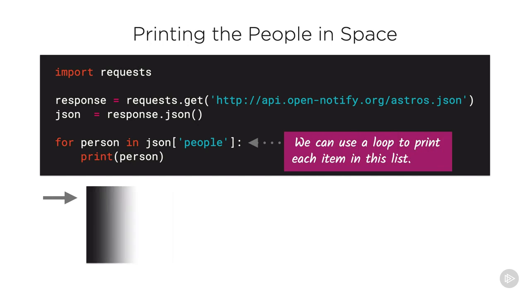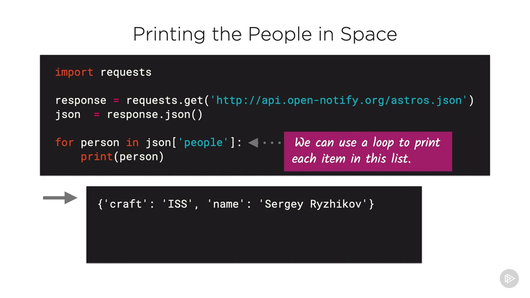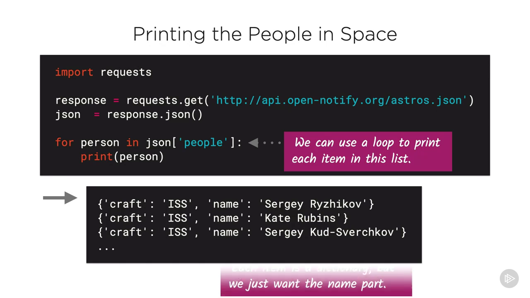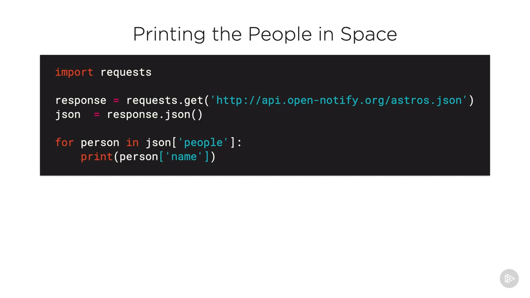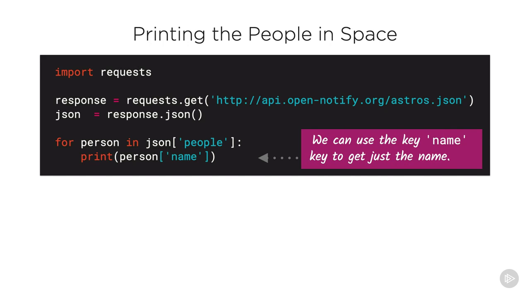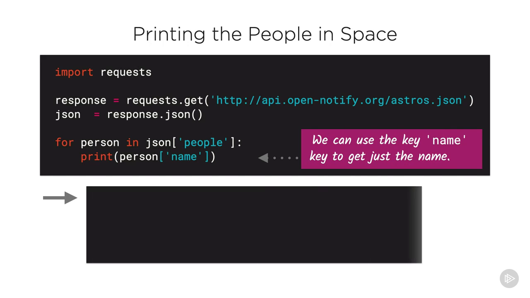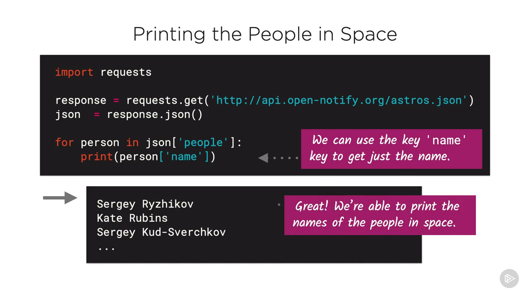We can see that each person is a dictionary with the astronaut's name and their spacecraft's name, but we just want to print that name part. So we'll use that person variable followed by the key name to get just the name part of the dictionary. If we run the program again, we can see we got what we wanted. We're able to print the names of the people in space.